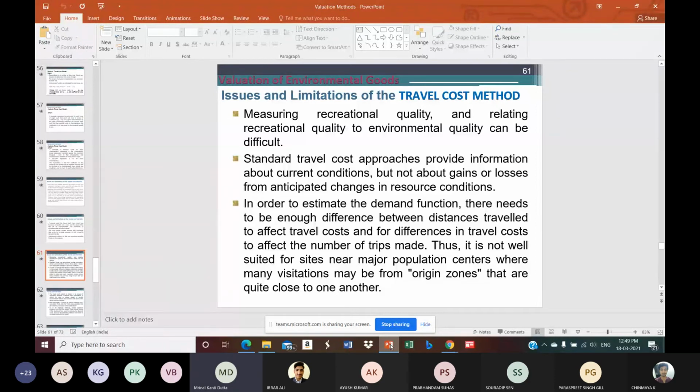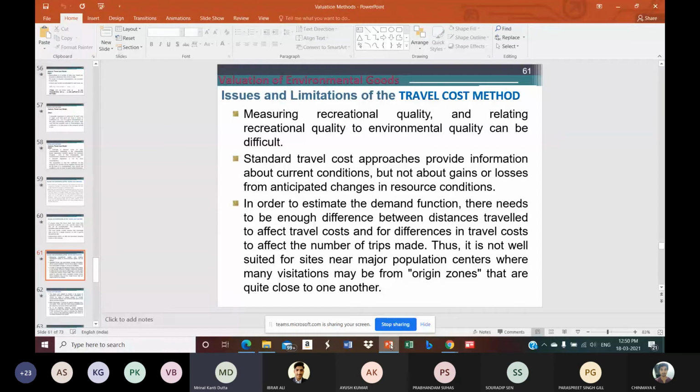In order to estimate the demand function, there needs to be enough difference between distances traveled to affect travel cost, and for differences in travel cost to affect the number of trips made. You see, here the demand function is to be estimated. Demand function is basically the number of visits at different prices. Now, these different prices are nothing but the costs that will be borne by the different people. So, if we need a proper demand function, enough differences in the prices for the visits are to be available.